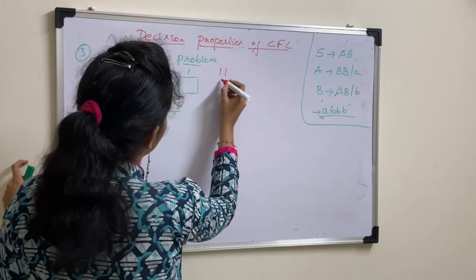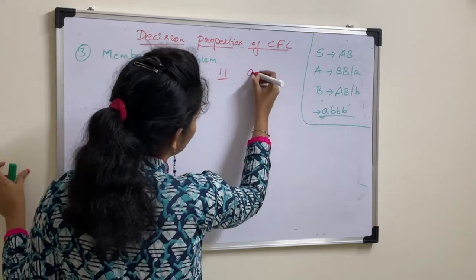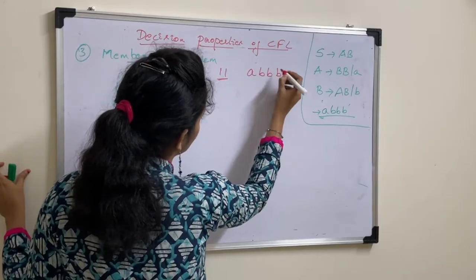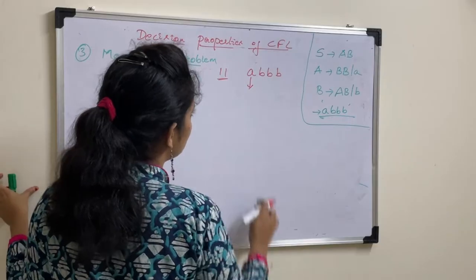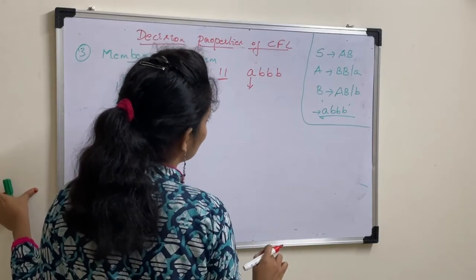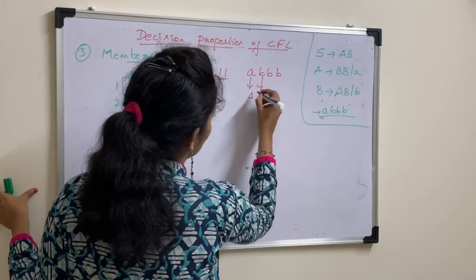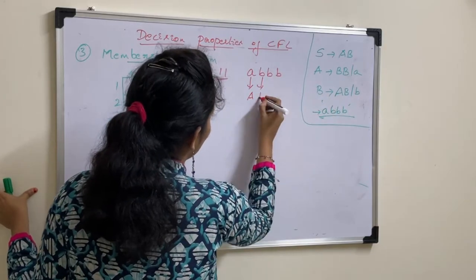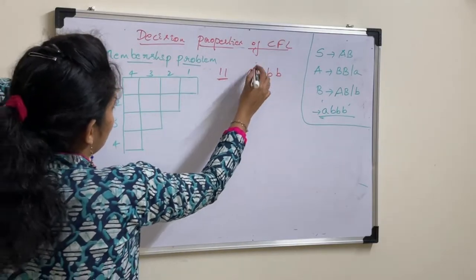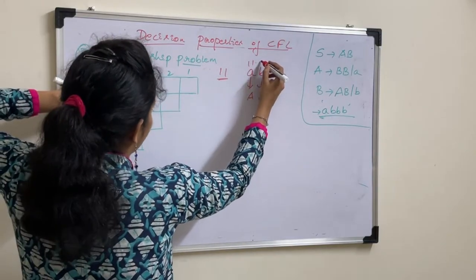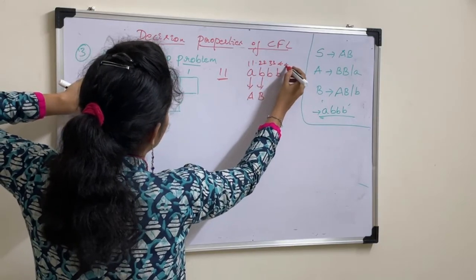So take 1 1. How will we get 1 1? The string given is A B B B. Check the production deriving this terminal A. A is derived by capital A. Small b is derived by capital B. So this is 1 1 place, and this is 2 2, 3 3 and 4 4.